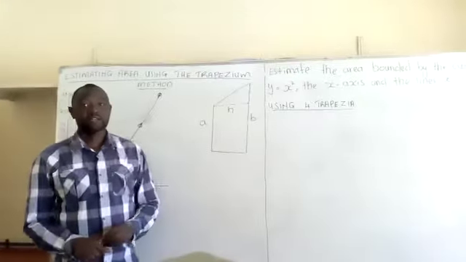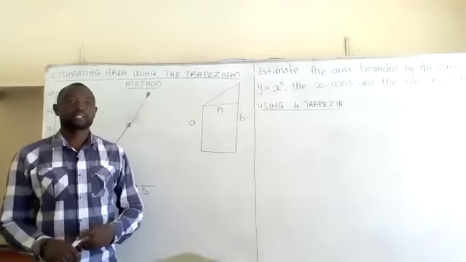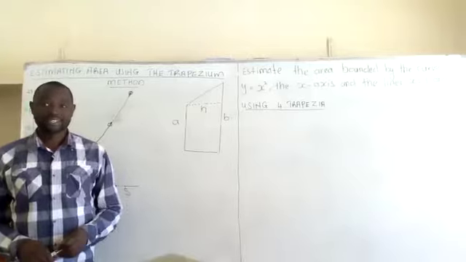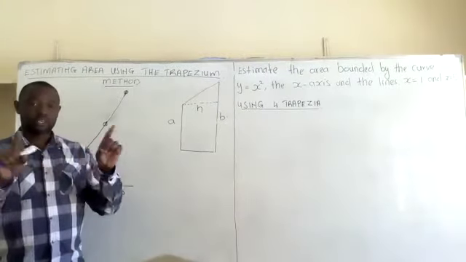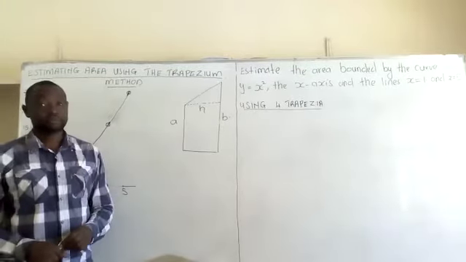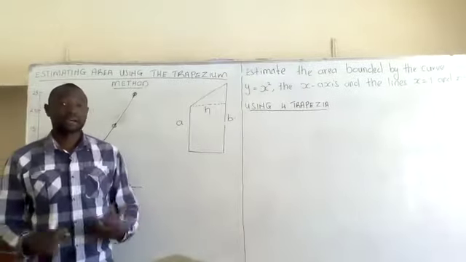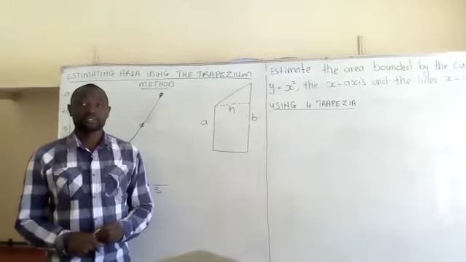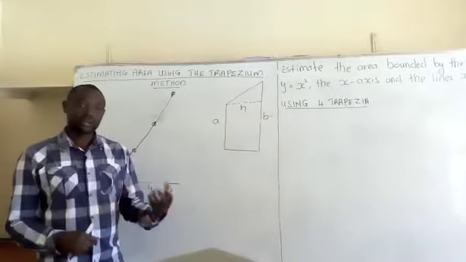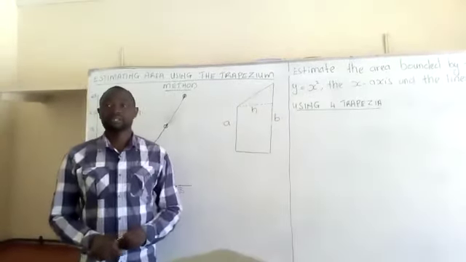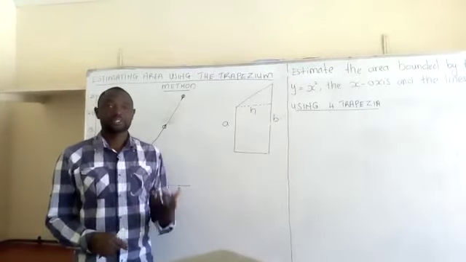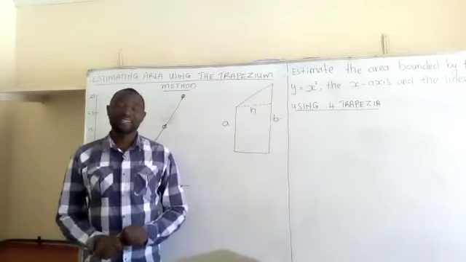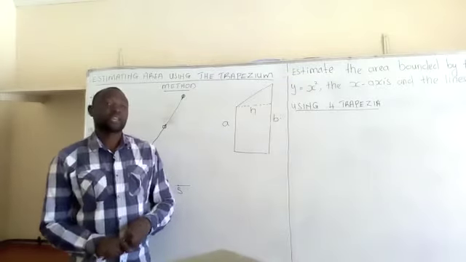In the other session, we looked at estimating area using the counting technique, where we get our irregular shape or our irregular graph on a grid, that is 1 centimeter square grid. We count the number of complete squares, we count the number of incomplete squares, and we saw how we use that technique to estimate the area.